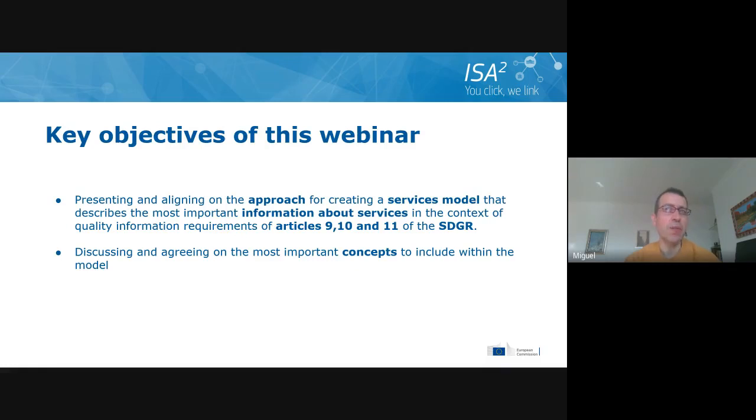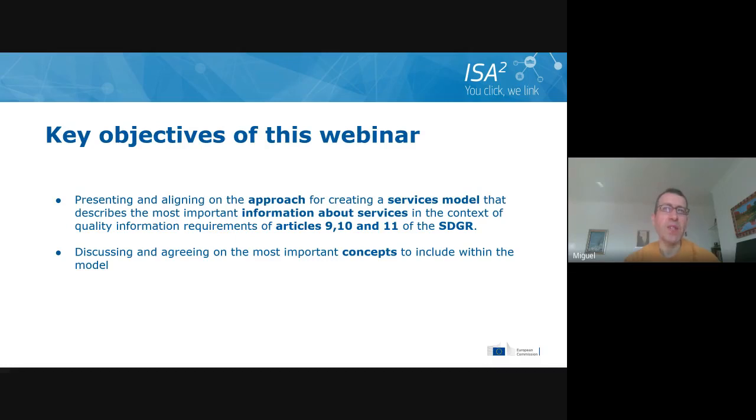This is the first consideration. There is already a mechanism to collect this information. What we are doing here is a stepwise approach to start providing more enriched descriptions and information on those areas touched by Articles 9 and 11 and the 3 annexes.